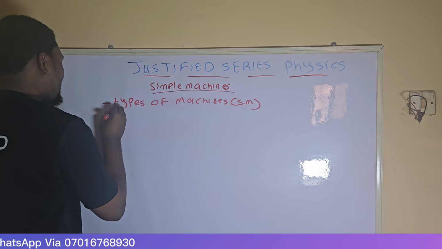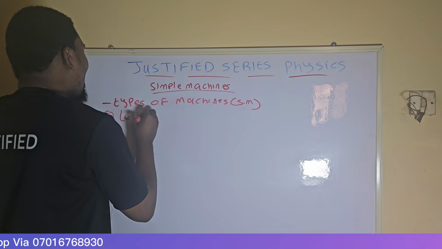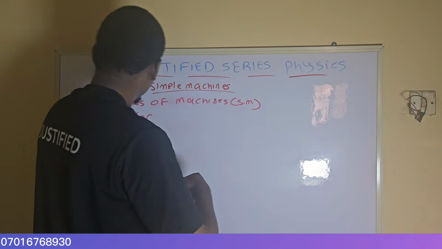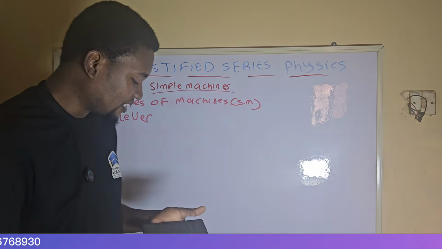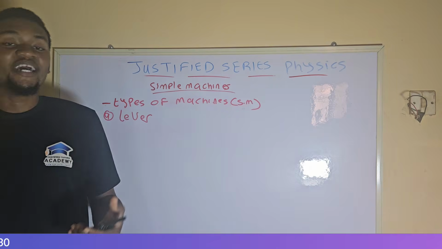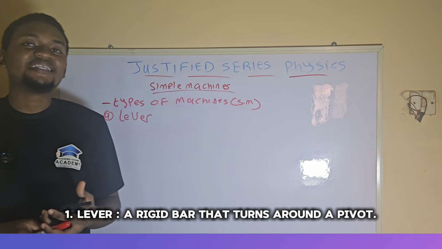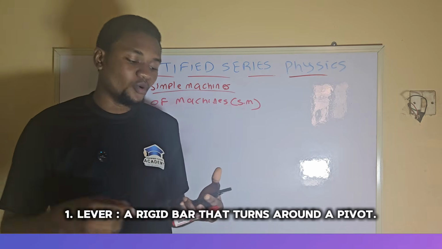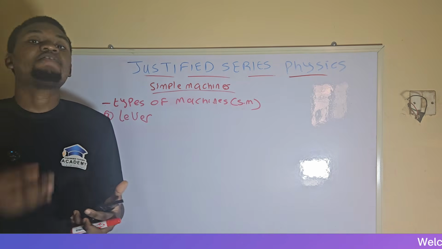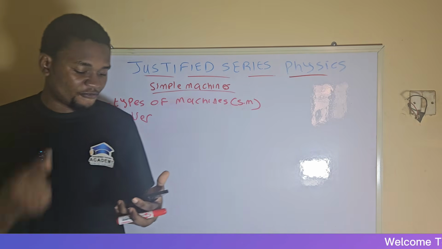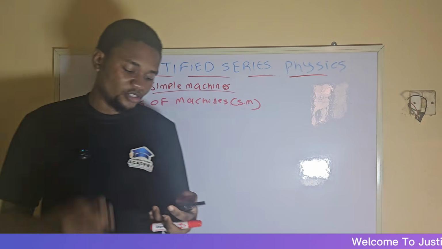The first type we have here is our lever. I believe in secondary school, we've all learned what a lever is, right? So again, write this down. A lever is a rigid bar that turns around a pivot. And then we have three classes of lever: the first class, the second class, and the third class lever.